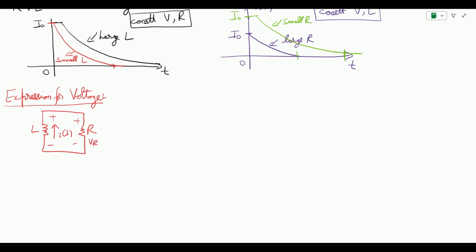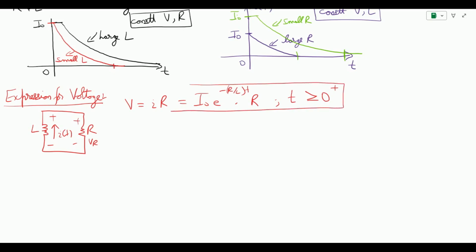In order to find the voltage, we just apply Ohm's law, V equals IR. We know that the current is I naught e raised to the power minus R by L into T, multiplied by R. And again, the condition is that in this scenario, T has to be greater than or equal to 0 plus. So this is the equation to find the voltage for an RL circuit.